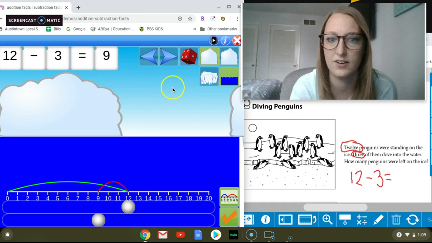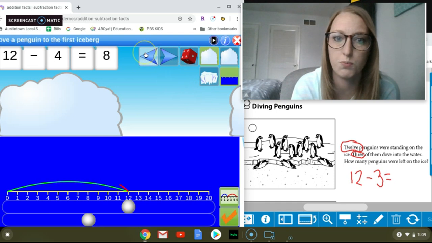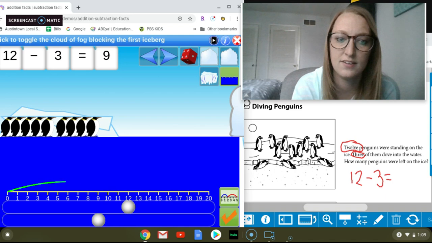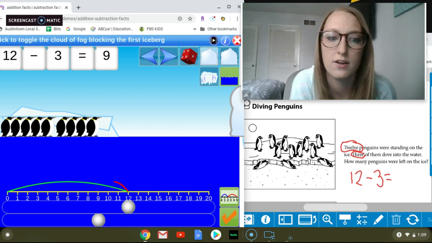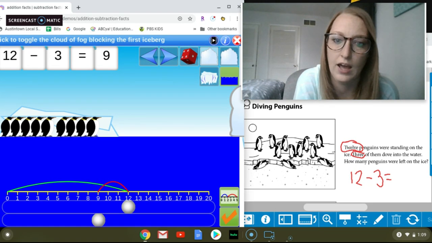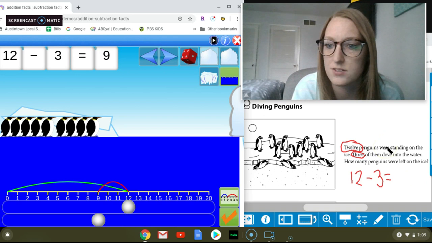The answer is 9, okay? Those penguins just popped right out of there. There they are, okay? So it's going to show me my little thing, 12 minus 3, and I get the answer of 9, okay?